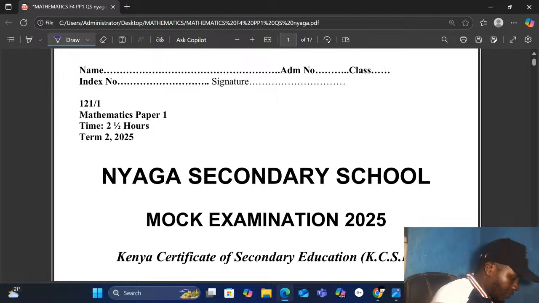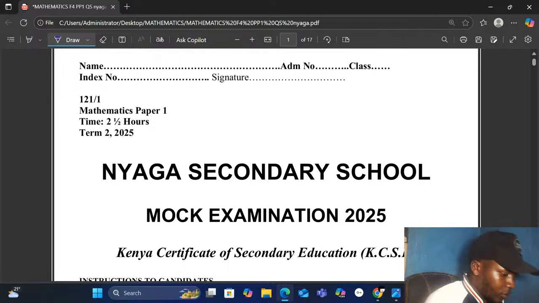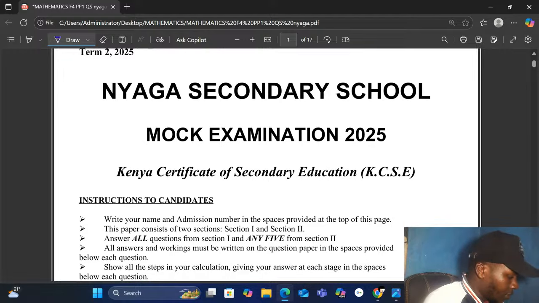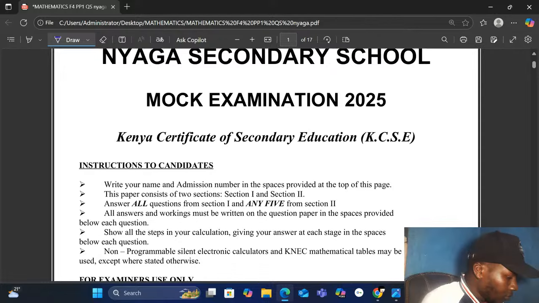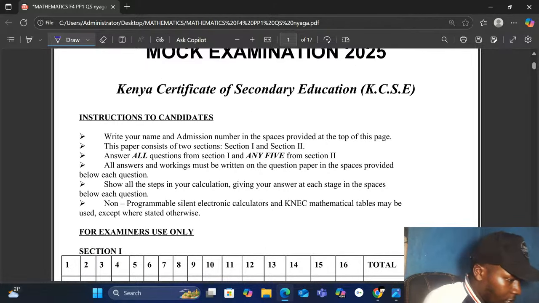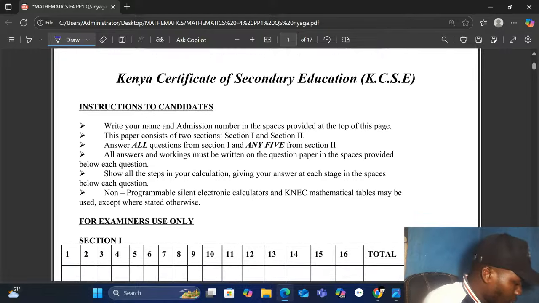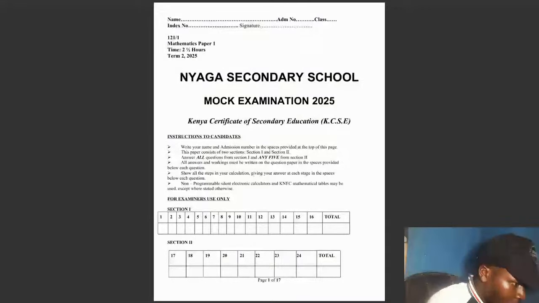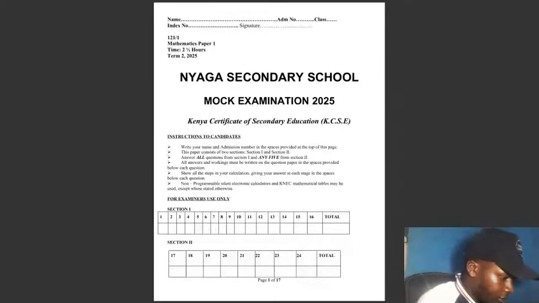Nyaga mathematics paper 1. So the instructions are simple, the normal instructions. We have instructions for section 1, whereby you are required to do all questions.